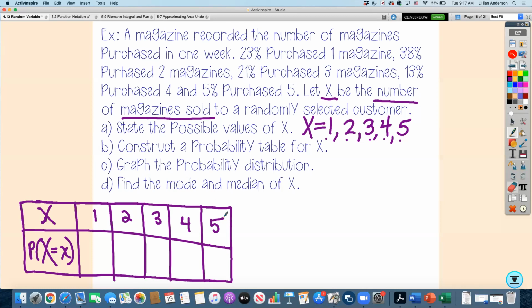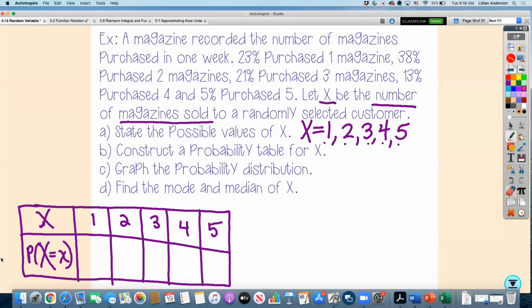So what are we going to need to do to those percentages? I can't put 23% in here because these are not percentages, these are probabilities.